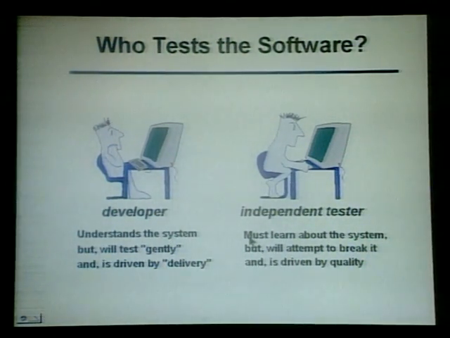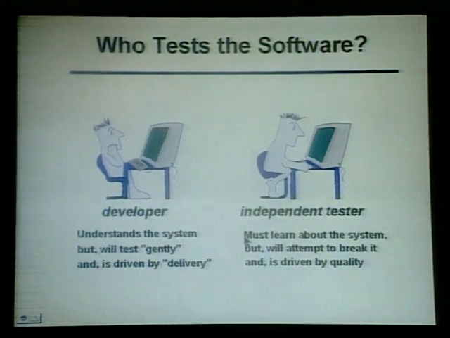Whereas an independent tester must first learn about the system and the functionalities required by it. But of course, he will attempt to break it, and he is driven by quality. So in a real environment, the testing has to be done both by the developers and by an independent team.